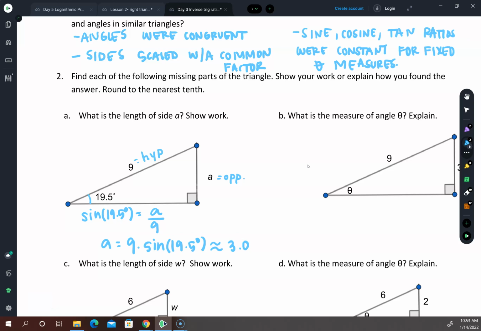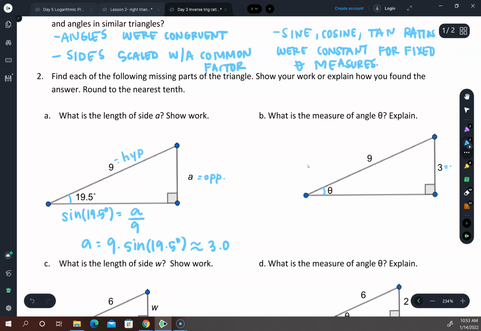Okay. So what is the measure of angle theta? So here I want to find this angle measurement. I know the side that is opposite of that angle measurement, and I know my hypotenuse. So that's going to be sine of theta is going to be equal to 3 over 9. Okay. Well, you want to take basically the inverse of this value to get the theta out of there.